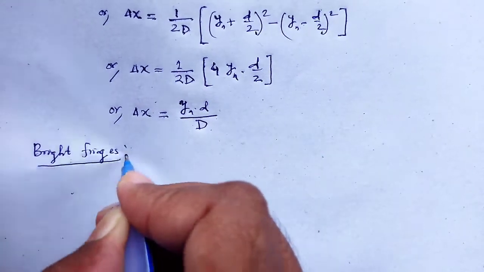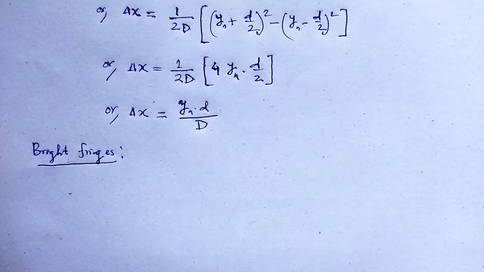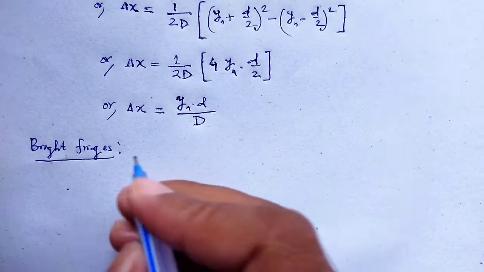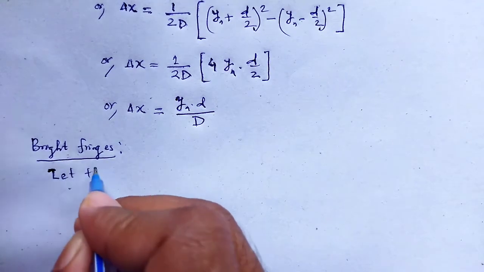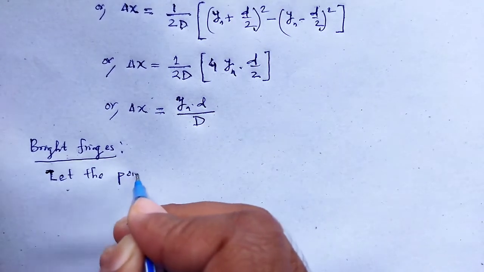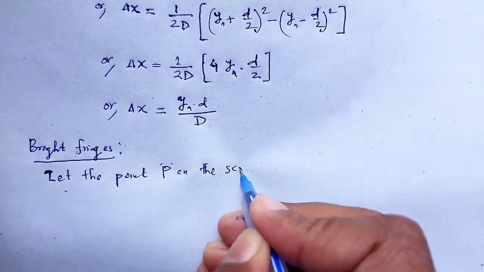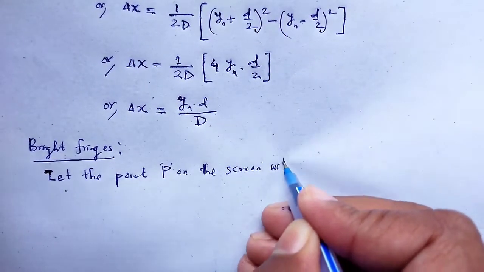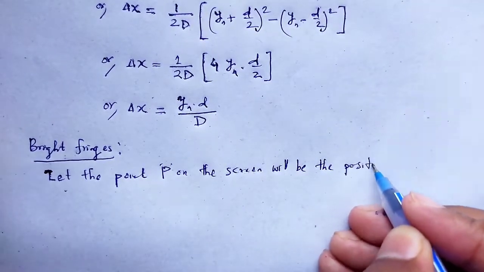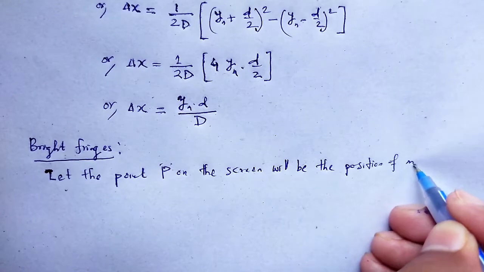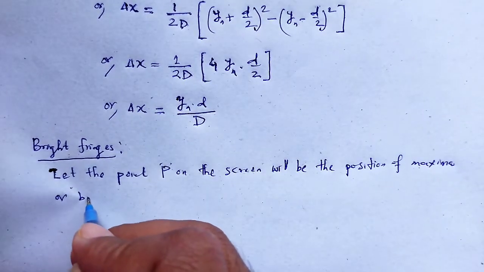For bright fringes, let the point P on the screen be the position of maxima or bright fringes.